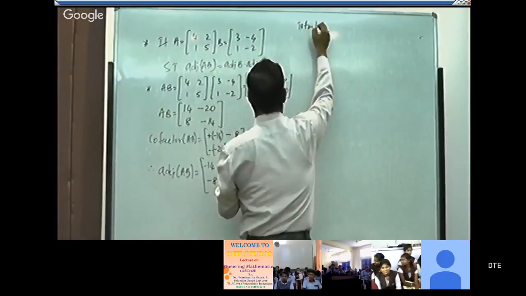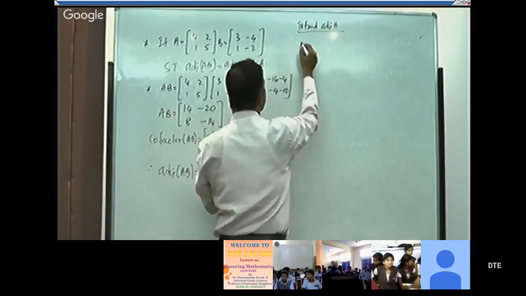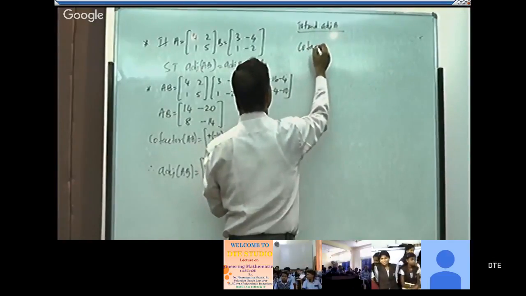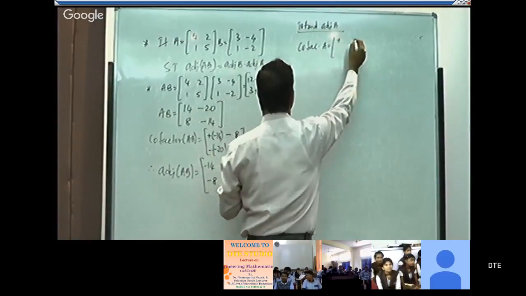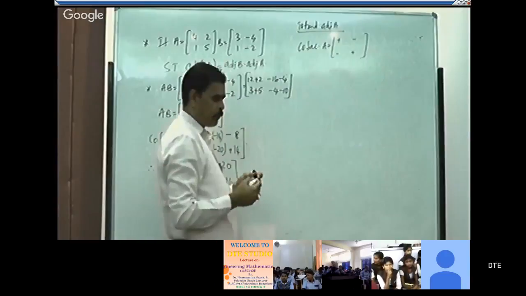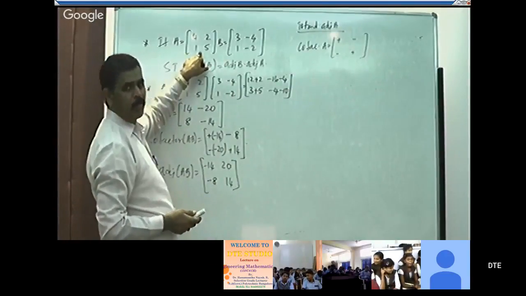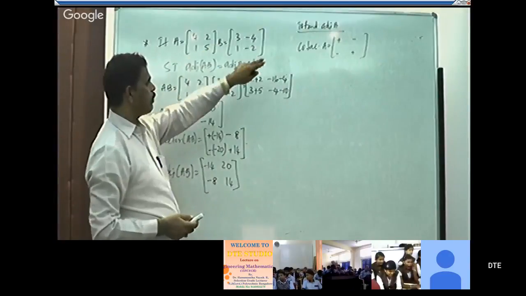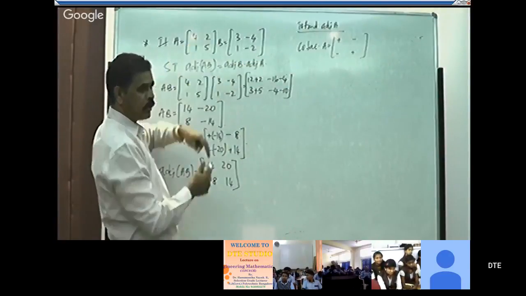To find adjoint of A, first write cofactors. Cofactor of A: plus, minus, minus, plus. This is matrix A. I am writing the cofactor of this. First I wrote the standard sign, then write the minor of each element.